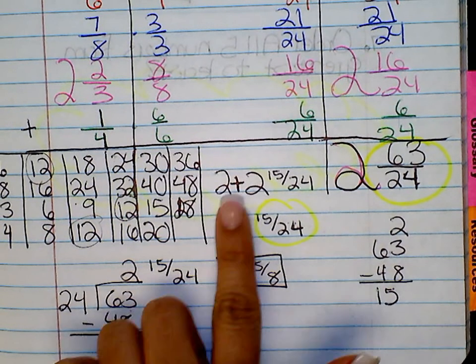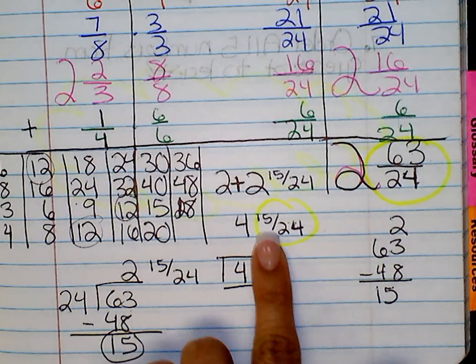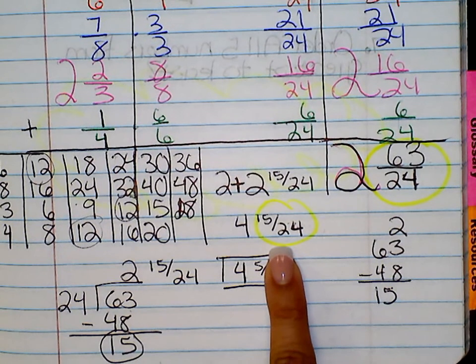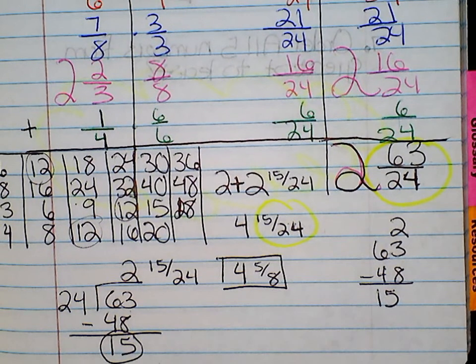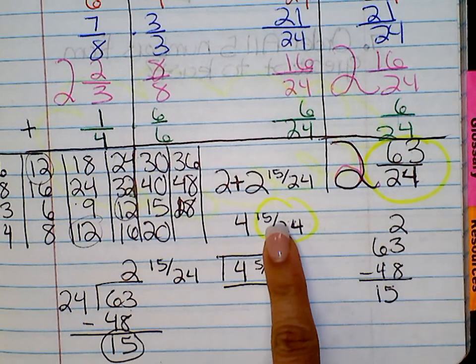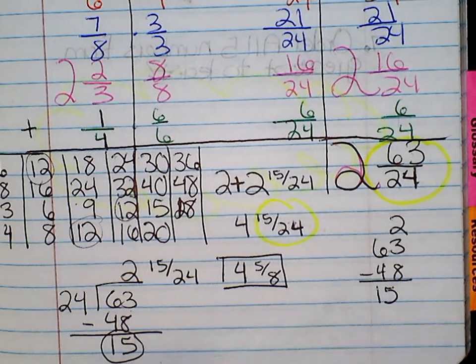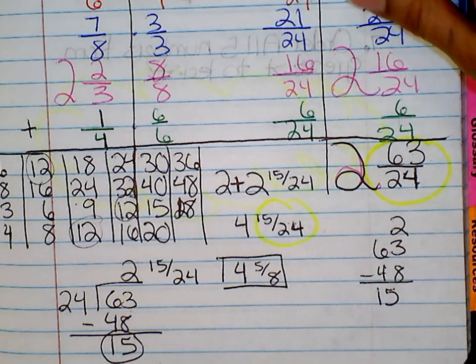So we add these together. Now, 15/24. Let's think about that. Is that in its simplest form? No. Is there a number that can go into both? Yes. Is that number 3? Yes. Okay, so 3 goes in here 5 times. 3 goes in here 8 times. Boom. Done. Moving on.